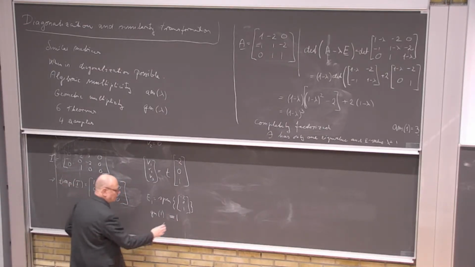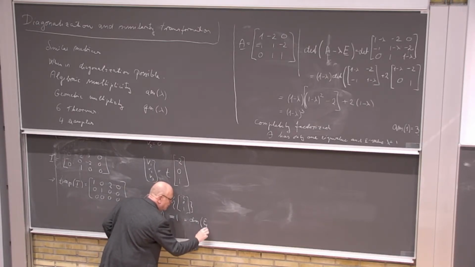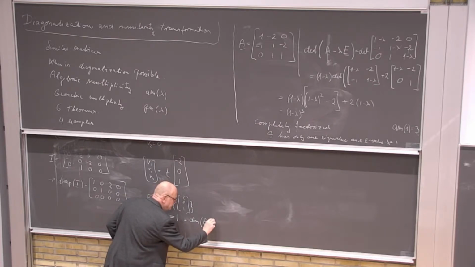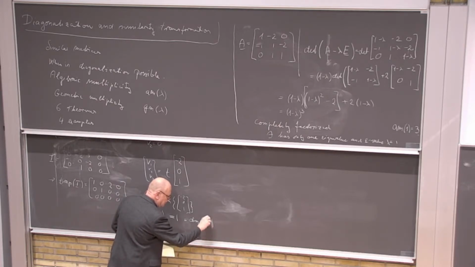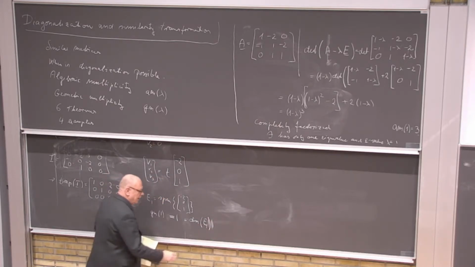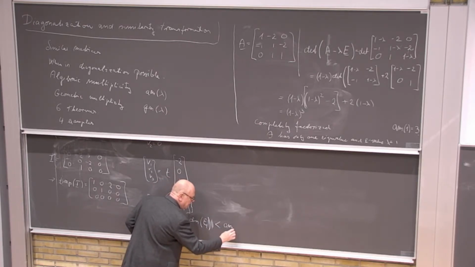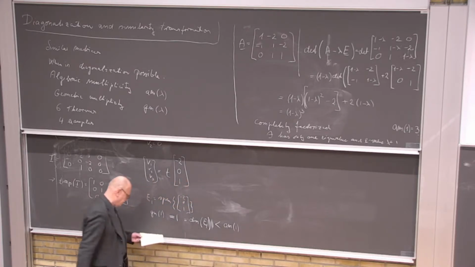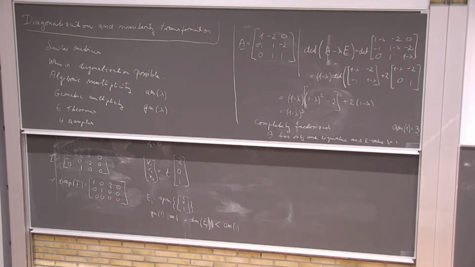And now this is clearly less than the algebraic multiplicity of 1. And this means that this matrix cannot be diagonalized. You cannot find 3 linearly independent eigenvectors, and so it cannot be diagonalized.